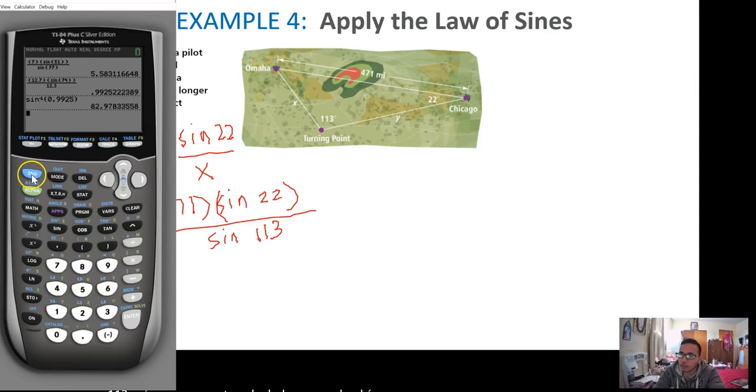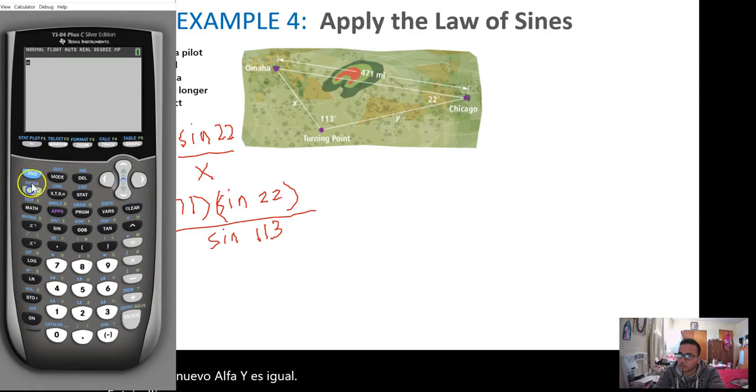It will give me again alpha y equals, enter that there, as a fraction 1, and then I'll put there 471, and then parenthesis sine 22.